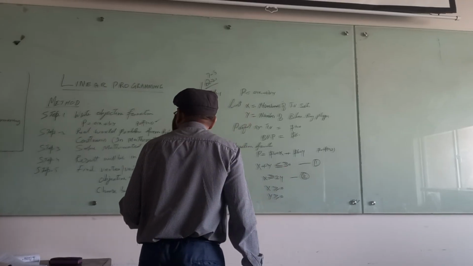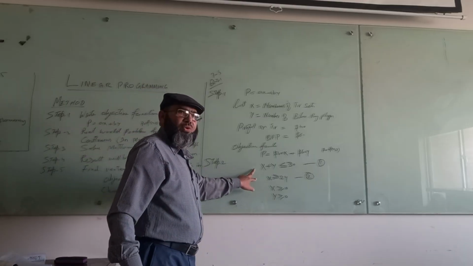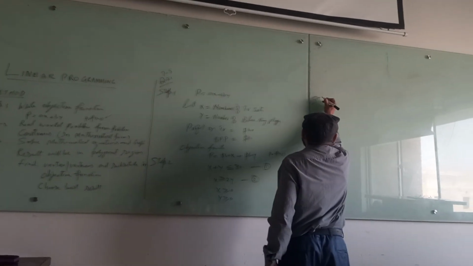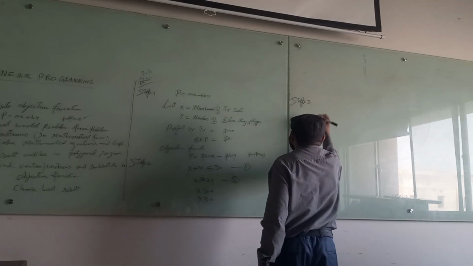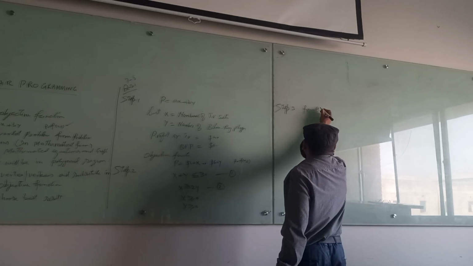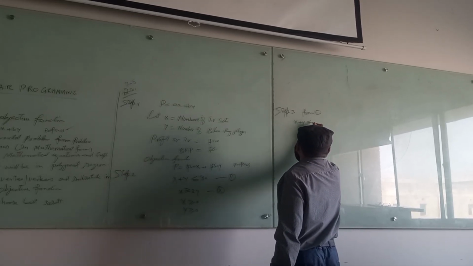Now step 3, solve the mathematical equations. We have these two equations. Solution from 1, we have x plus y less than or equal to 30.